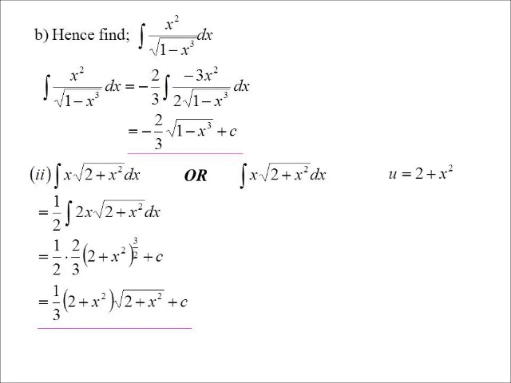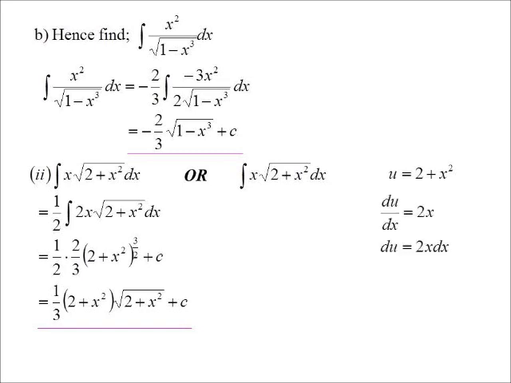So everywhere I see 2 plus x squared, I'll replace it with u. It'll replace all the x's, though. I also have to replace the dx, because I'll end up integrating with respect to u rather than with respect to x. So how do I work out what dx is? Well, my substitution over there is u equals 2 plus x squared.